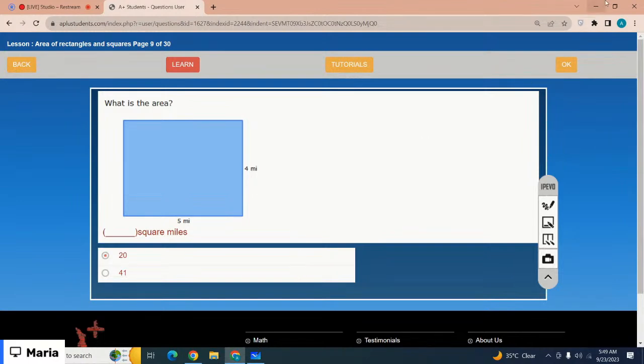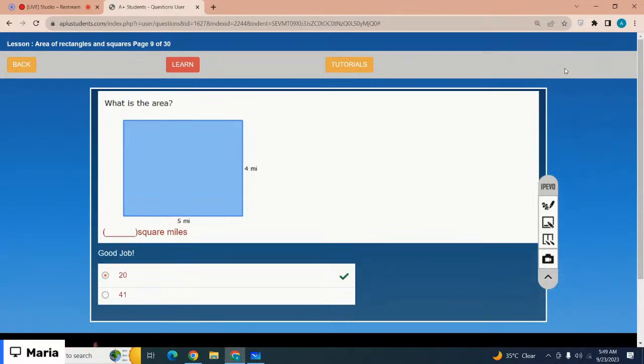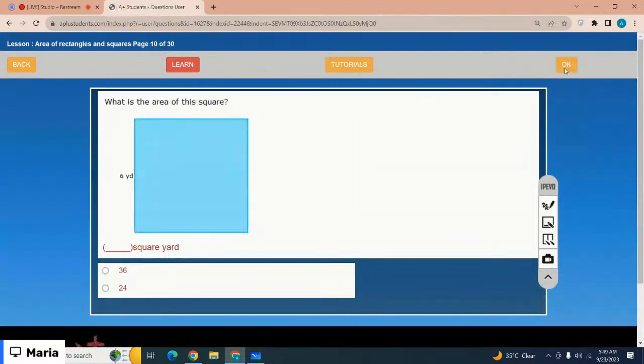The correct option is 20. What is the area of the square? Yes, that would be 6 times 6 is 36 square yards.